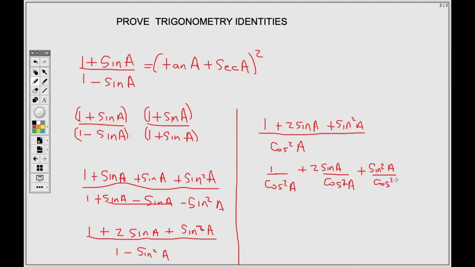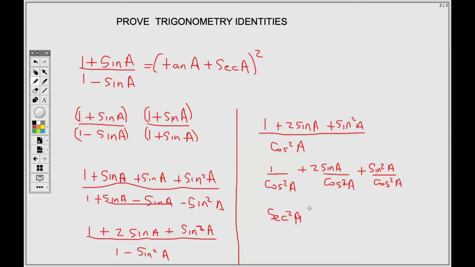Now we are going to write the individual identities for each. So 1 over cos square A is the same thing as sec square A. The next part, we can split the denominator. So we have 2 fractions being multiplied.